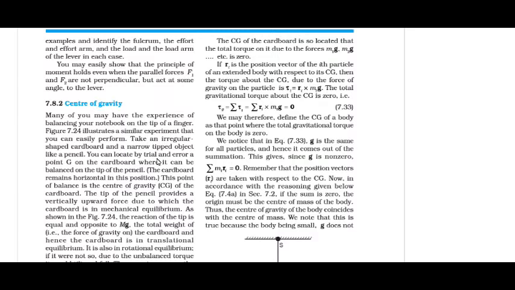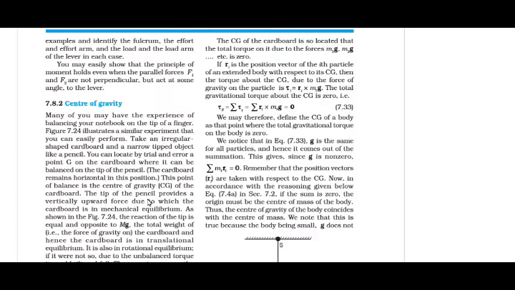You can locate by trial and error a point G on the cardboard where it can be balanced on the tip of a pencil. The cardboard remains horizontal in this position. This point of balance is the center of gravity, CG, of the cardboard.